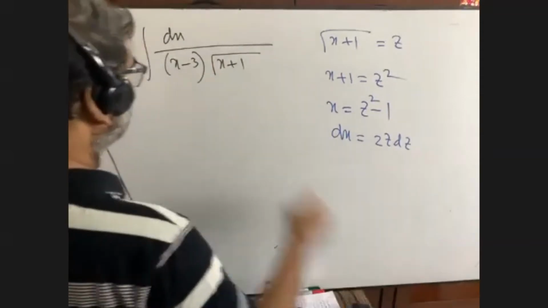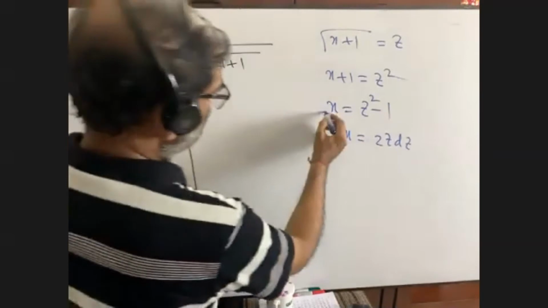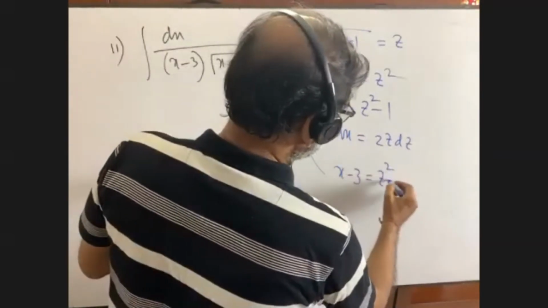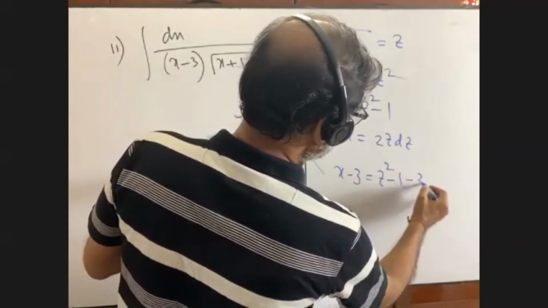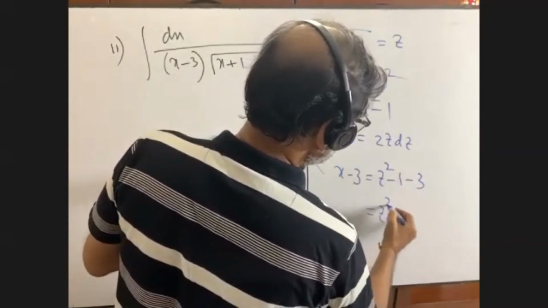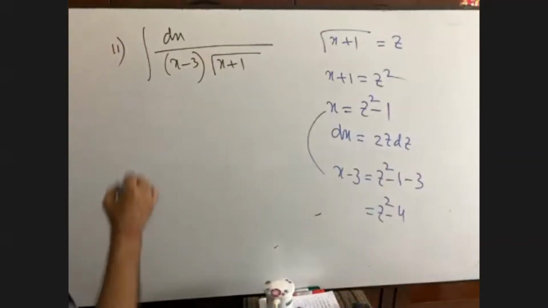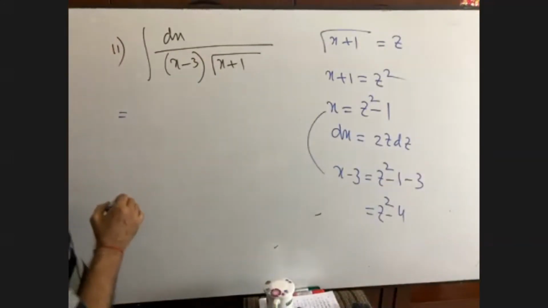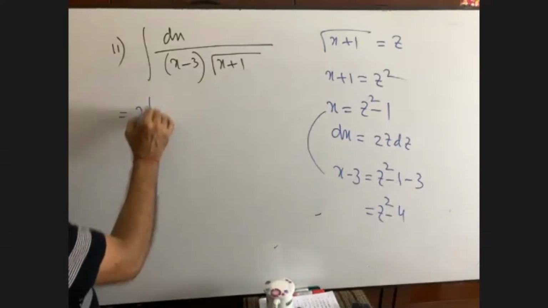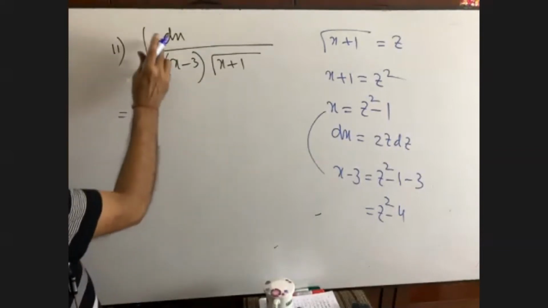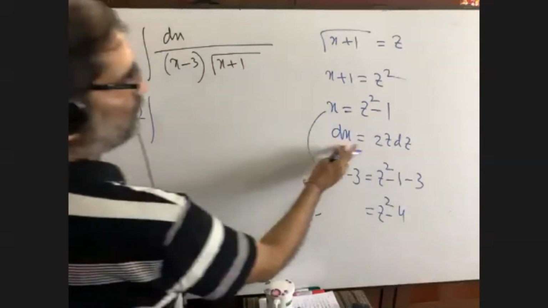Now you see there is x minus 3. So from here we can write down x minus 3 equals to what? z square minus 1 minus 3, that is z square minus 4. Now you do it. You just carry on. It is 2 at first. What is the value of dx? The value of dx is 2z dz.